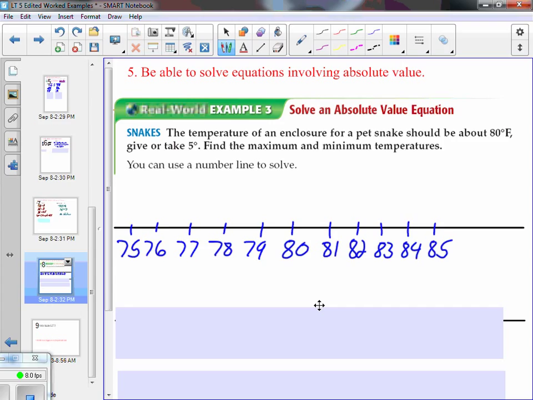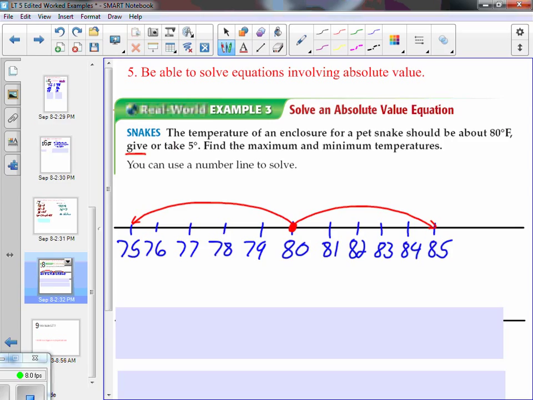Now, I drew out a number line. You probably don't need a number line, okay? But if you start at 80, and you could give, which means add on 5 more degrees, it would go all the way up to here, or take 5 degrees, it could go down to here.